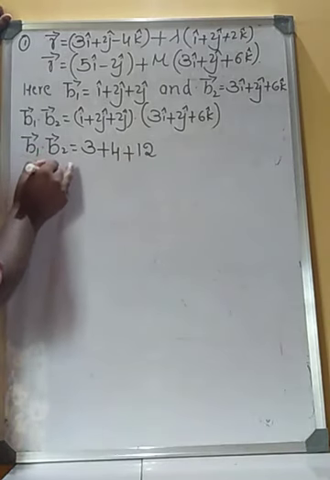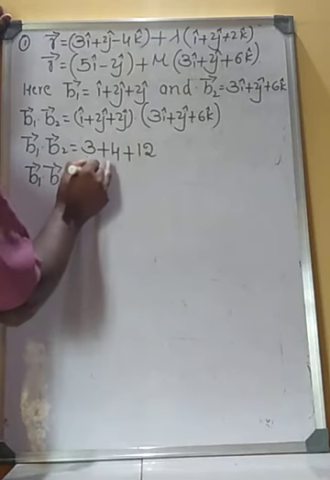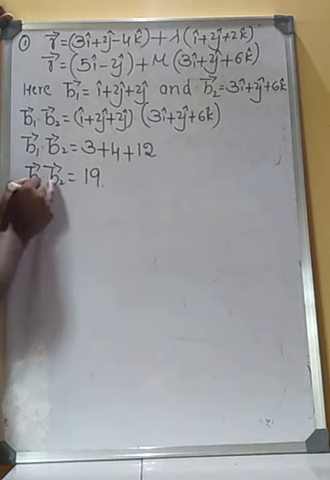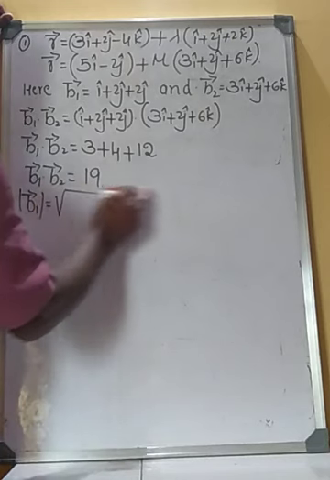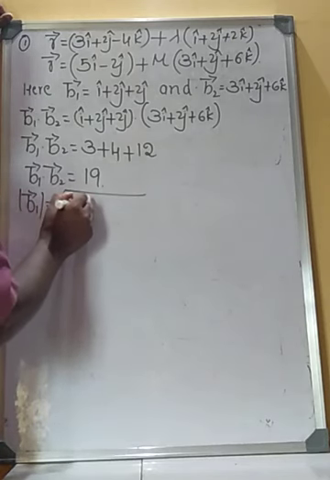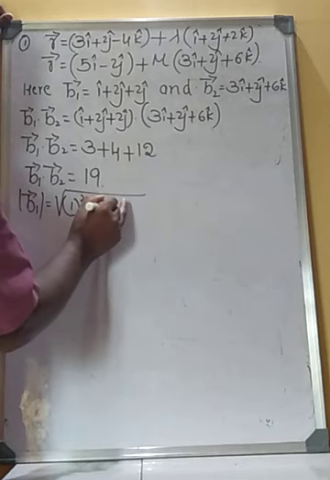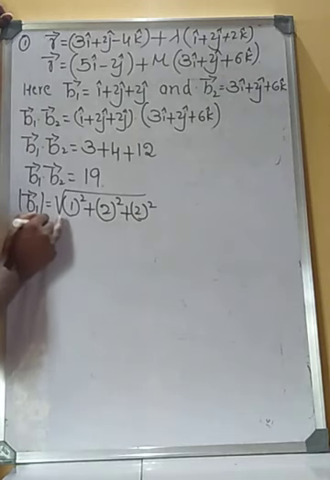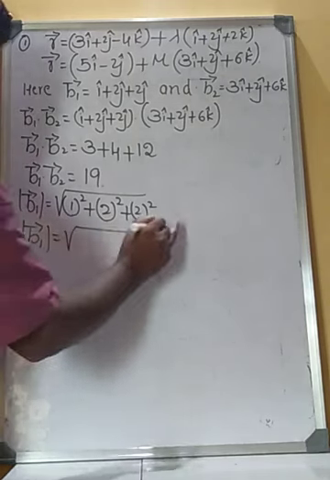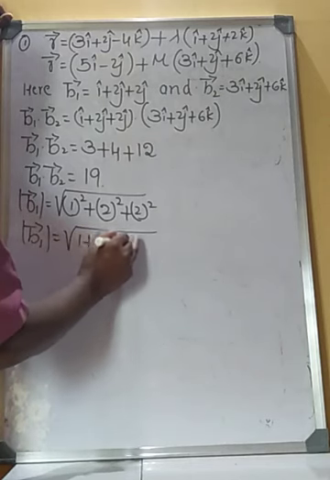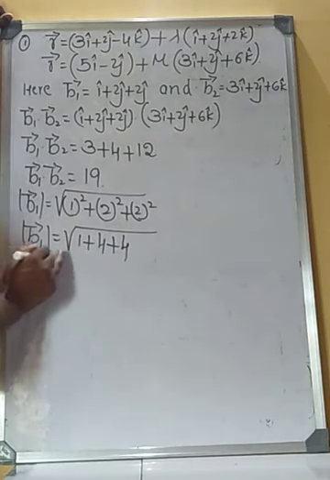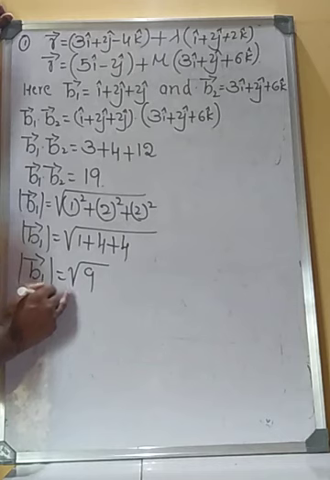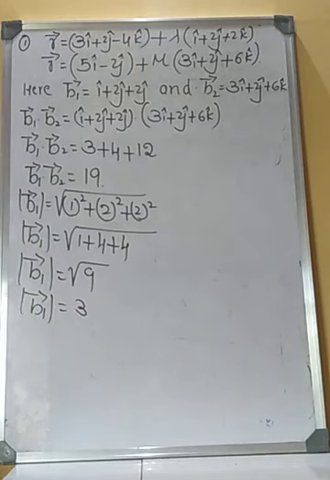Therefore b1 vector dot b2 vector is equal to 19. Now next find b1 vector magnitude, which is equal to root of 1 square plus 2 square plus 2 square, which is 1 plus 4 plus 4, root of 9. Therefore b1 vector magnitude is equal to 3.